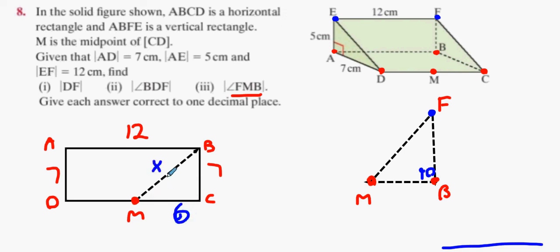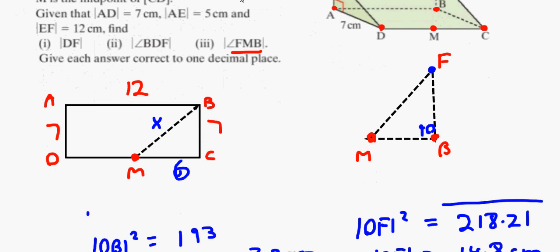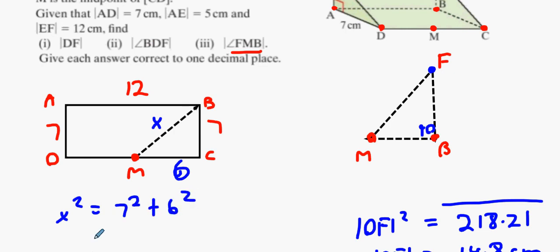So let's go for x squared equals 7 squared plus 6 squared. 49 plus 36. What? Square root of 85. 9.2. Yeah. Because it's not actually the answer I'm looking for, I can just call this root 85, can't I? Okay.